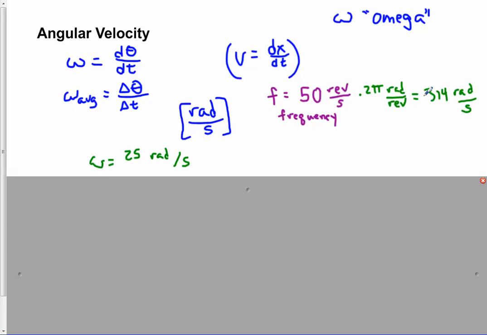So 50 revolutions per second is the same as 314 radians per second. Frequency is a common way velocity can be given, but it's not the true velocity. You have to multiply it by 2 pi to get the true velocity.